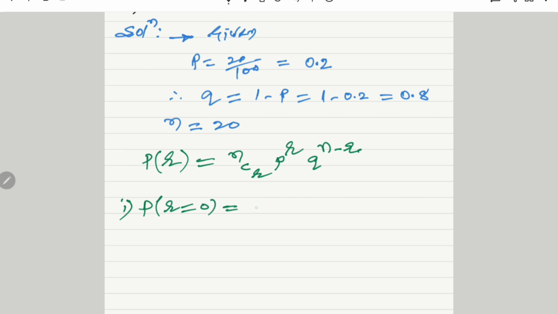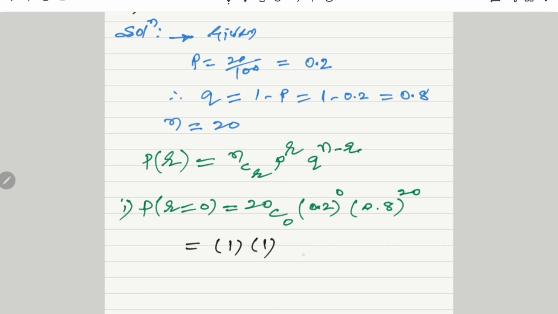When R is 0, substituting the value of N as 20, C 0, then P is 0.2 raised to R is 0, and Q 0.8 raised to N minus R, 20 minus 0, we get 20. And therefore, simplifying it by calculator, we get the value of 20C0 as 1. 0.2 raised to 0 is again 1.